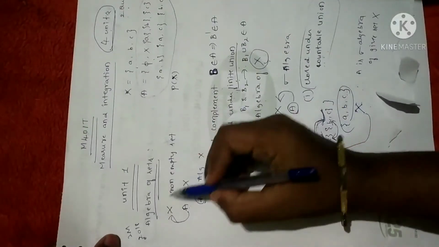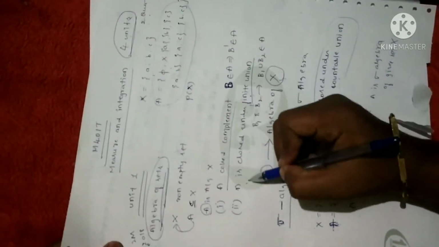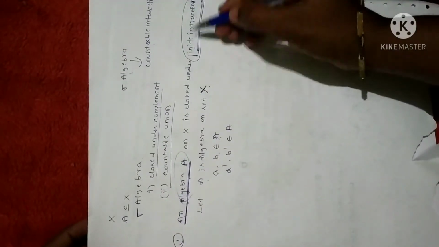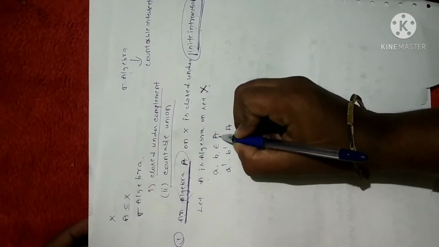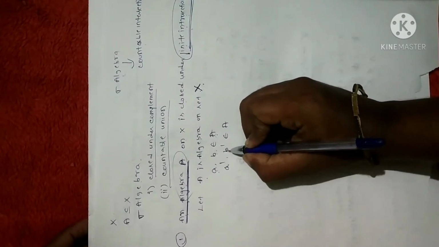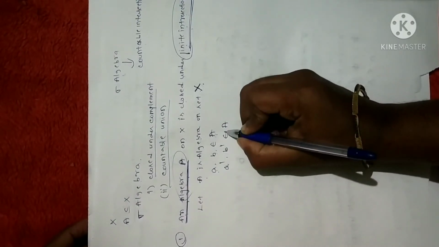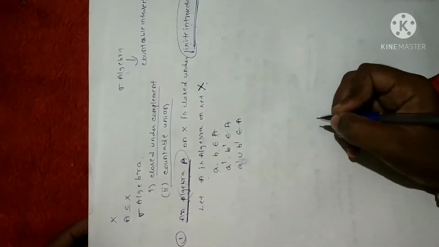See here, the algebra of sets definition is that it should be closed under complement and it should be closed under finite union. Now I am proving the same for finite intersection. So I have chosen two elements in A. Since it is an algebra, it is closed under complement and closed under union. So its complements belong to the set and its union also belongs to the given set.